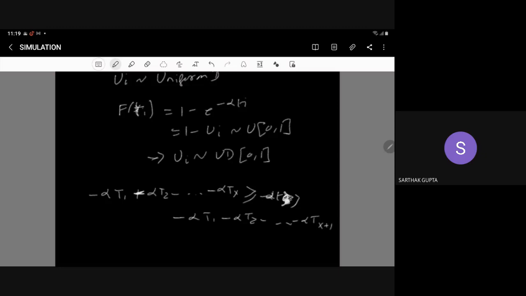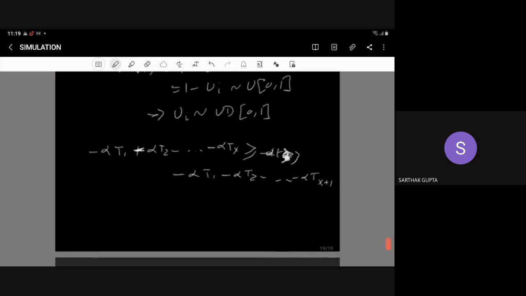Now if you take the exponential of this, it becomes e to power minus alpha t1 minus alpha t2 minus alpha tx, e to power minus alpha t not, greater than e to power minus alpha t1 minus alpha t2 minus alpha t x plus 1.